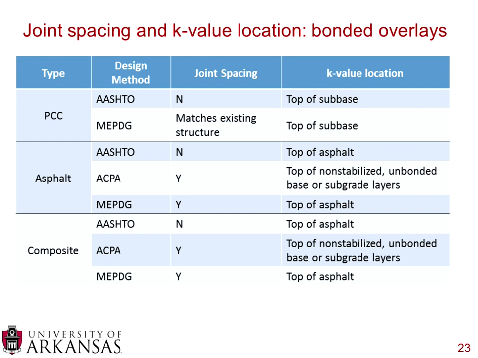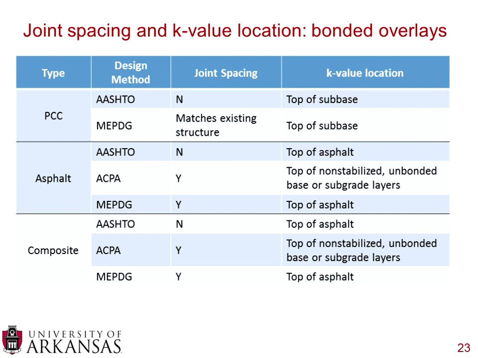When we're thinking about these PCC overlays, that K value can actually be transferred up to the top of an asphalt layer. Or even with ACPA, it's on the top of any non-stabilized unbonded base or the subgrade layers. So you have a little bit of differentiation between AASHTO, MEPDG, and ACPA there.